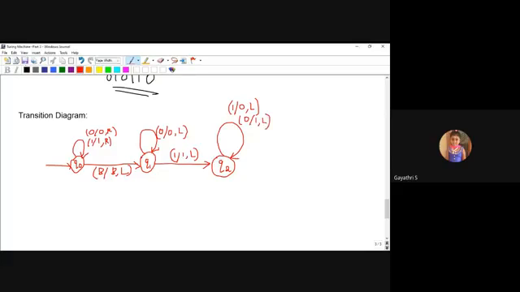Once you are reaching the blank symbol, the blank symbol is replaced by blank symbol, then moving left or right, anything. This is the termination point. Once you are reaching the blank symbol, you will move into the final state. Okay. So this is the transition diagram for 2's complement.